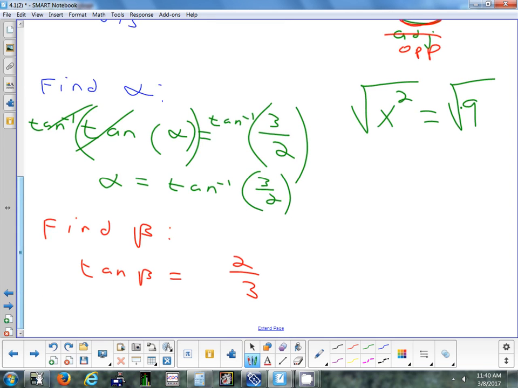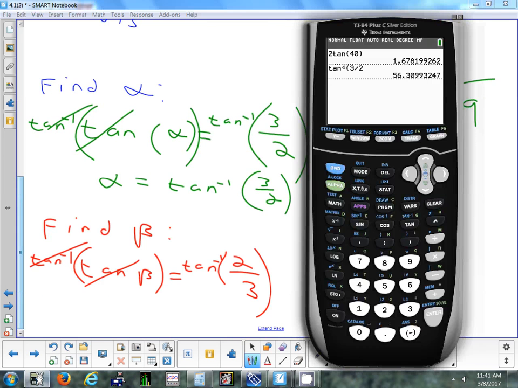And what function did we just do that cancels out tangent? Inverse tangent. Yep. So we're going to take the inverse tangent of what's on the left. We're not multiplying. Can't multiply by a word. So take the inverse tangent of what's on the left. Take the inverse tangent of what's on the right. And let's type in inverse tangent 2/3 and see what we get.